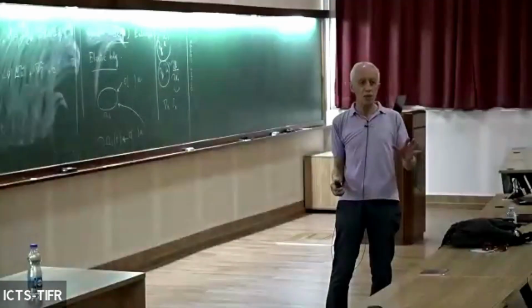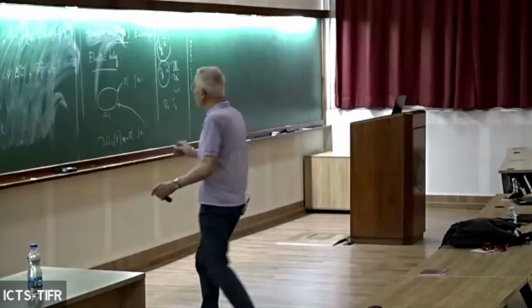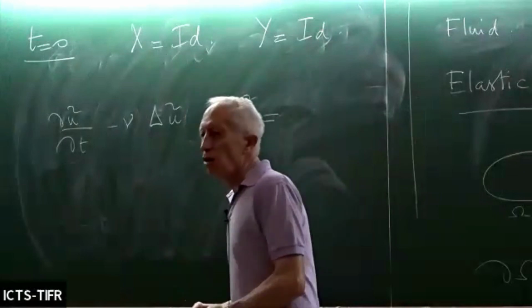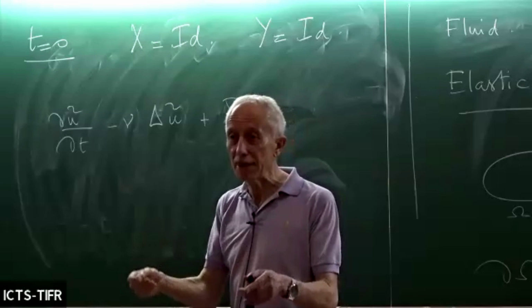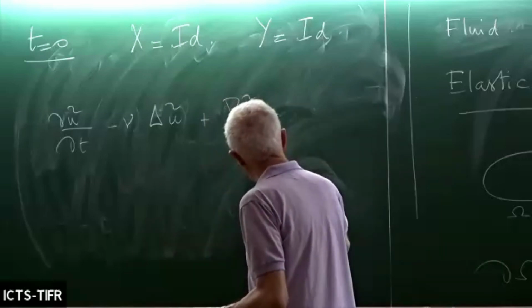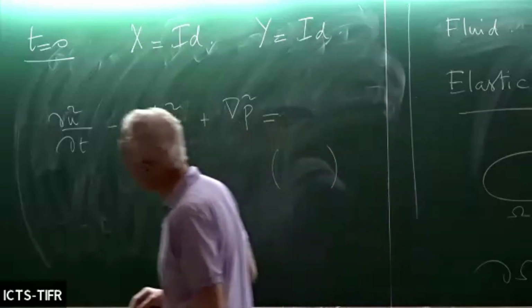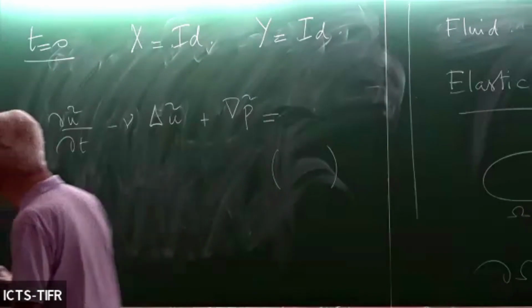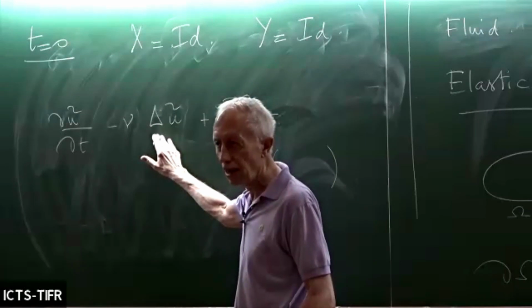And so I am going to rewrite the equation in this form, not only for t equal to 0, but for any time t. And in the right-hand side, I will find the difference between this quantity, which is the exact one, and the one I have written here.